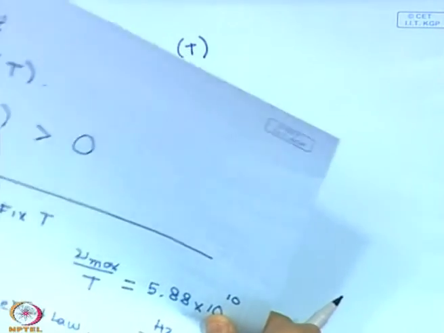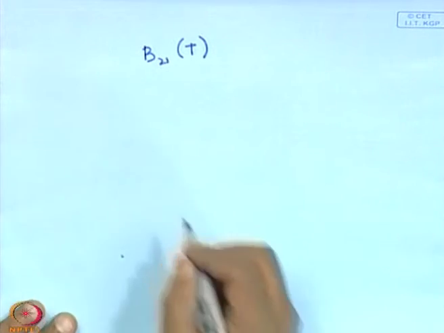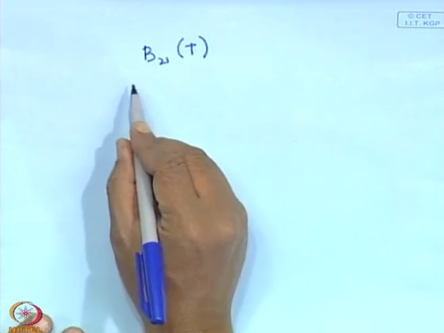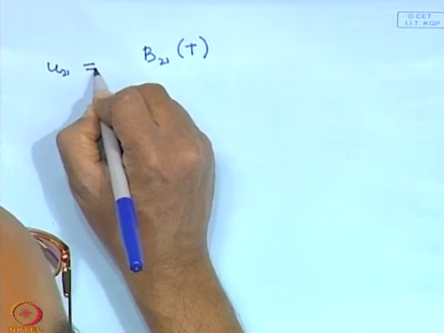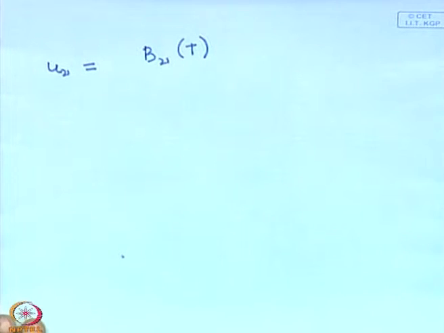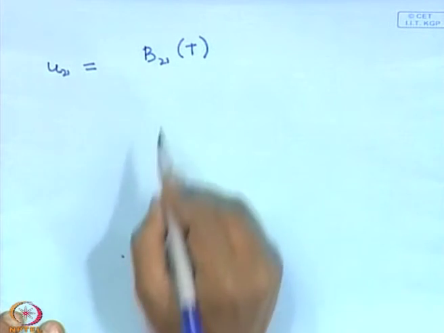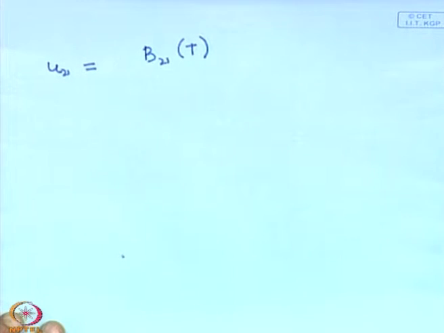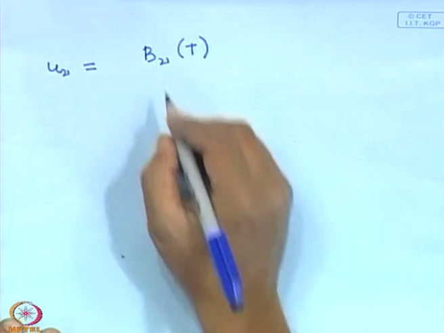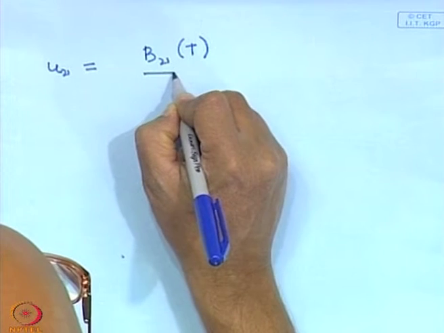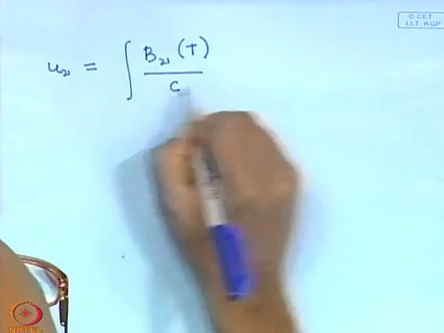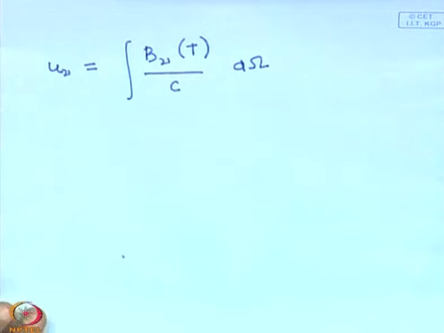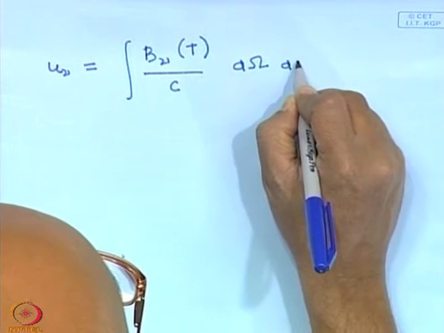We know that the energy density contained in a particular set of rays in a particular direction is just this quantity divided by c, and if you want the total energy density, then you have to also integrate over solid angle, and you have to also integrate over frequency.